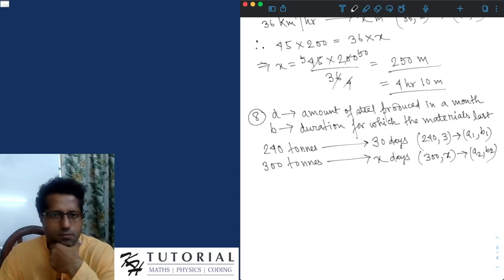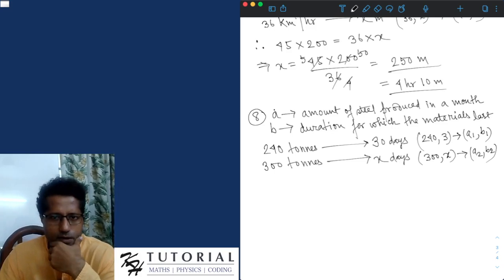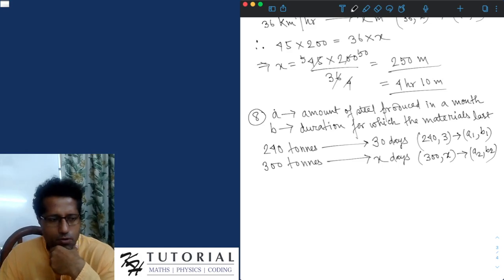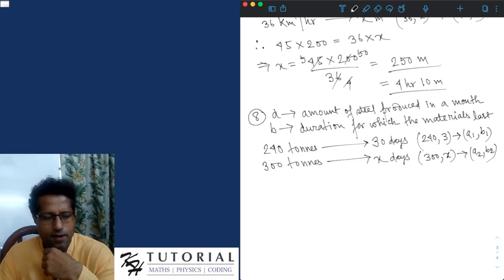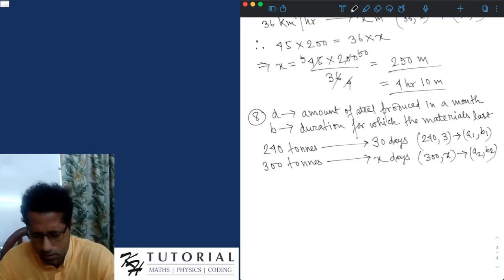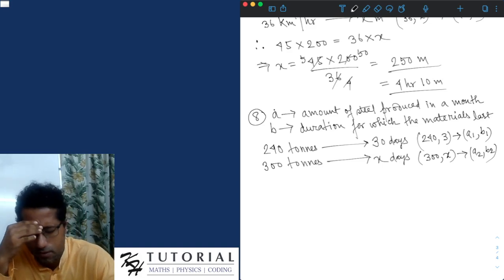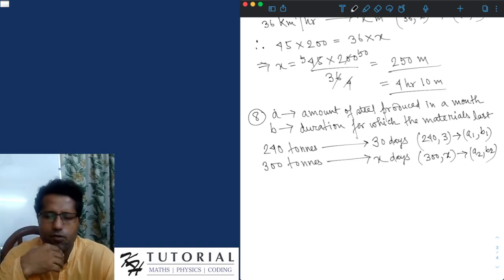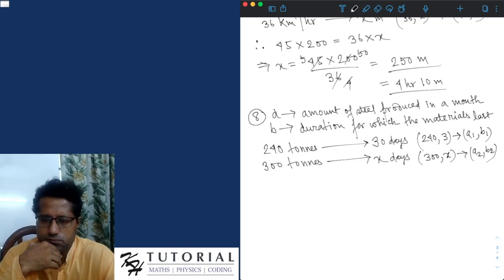In the first information, the factory has enough materials to produce 240 tons of steel in a month. So to produce 240 tons of steel, the materials last for a month, 1 month, 30 days. So we have 240 tons being produced.